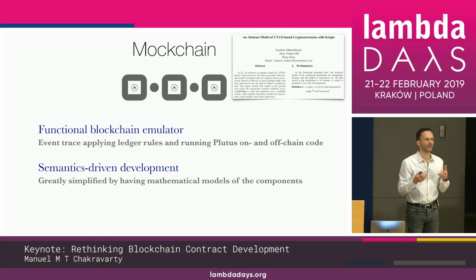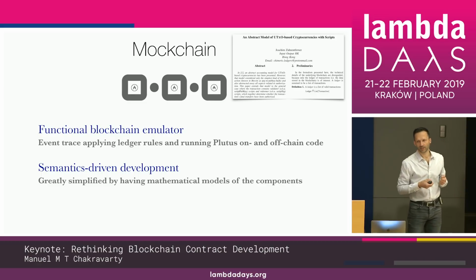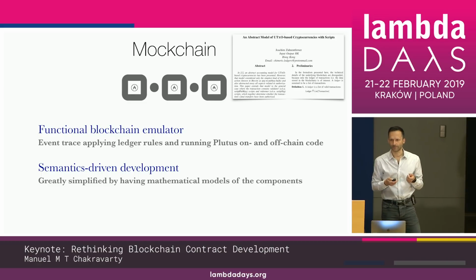If we would try to do something like that for Ethereum or so, it would be quite complicated because you have to replicate the semantics of all the different bits and pieces, including the virtual machine, which basically means, well, you have to look at the C++ code and see what's going on. We've got the semantics of these bits and pieces in the form of LaTeX and executable specifications in Haskell, and that allows us to build an emulator like this quite easily, actually.